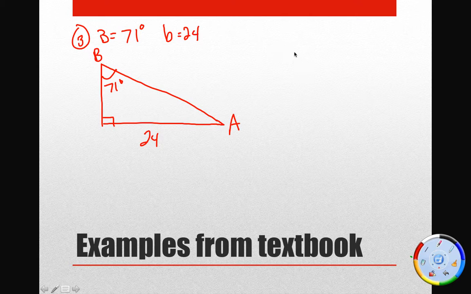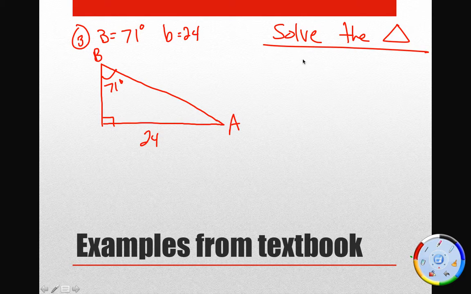Now, when it says solve the triangle, it basically says find all 6 pieces: the measure of angle A, the measure of angle B, and the measure of angle C. Obviously, they give you one of the angles.